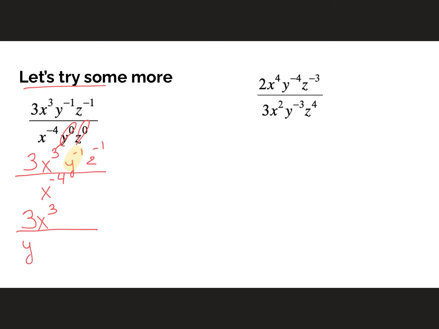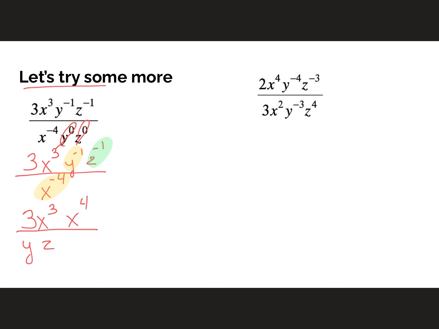And I don't write the 1. Then I have z to the negative 1. Again, that's coming down to the bottom because it's negative, so it becomes z on the bottom. Then I have this x to the negative 4th that's on the bottom. So again, because it's on the bottom and it has a negative, we're going to move it to the top. So that becomes x to the 4th up here.